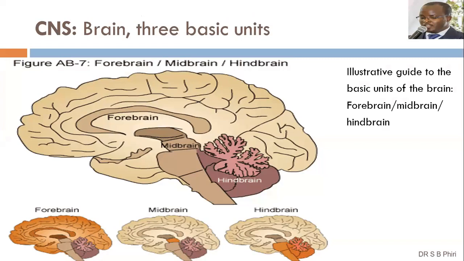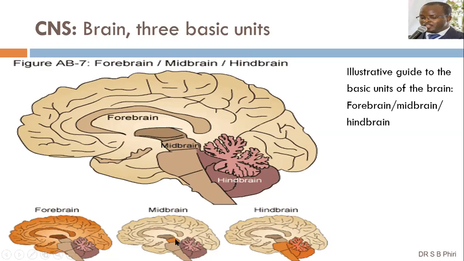So in the central nervous system, the brain, there are 3 basic units: the forebrain, the midbrain, and the hindbrain. In the forebrain, you find certain nuclei embedded within the brain tissue, and also the 2 cerebral hemispheres.